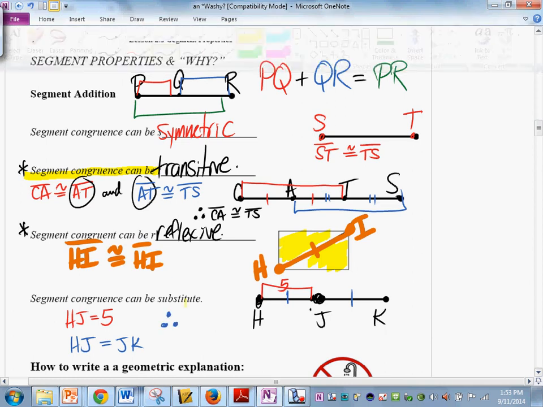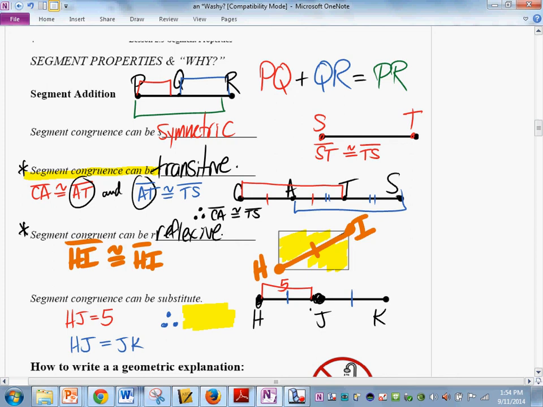Therefore, I want you to write in what's the most logical conclusion there. If you know HJ is 5 and HJ is the same as JK, what's the most logical conclusion? Write it down. Don't say it out loud.